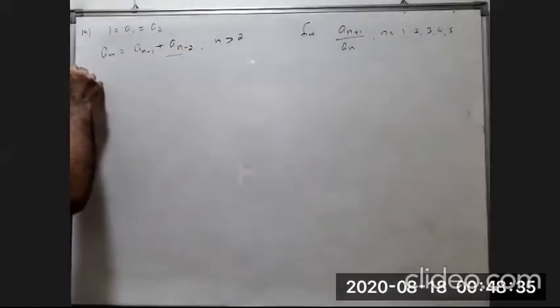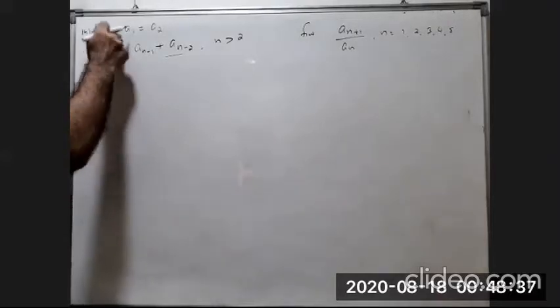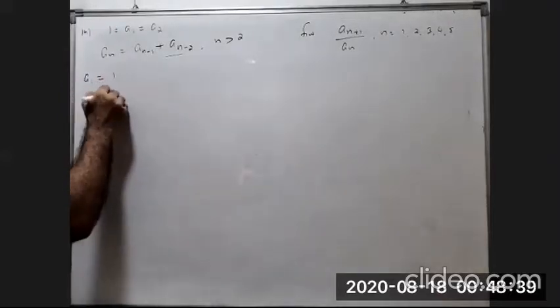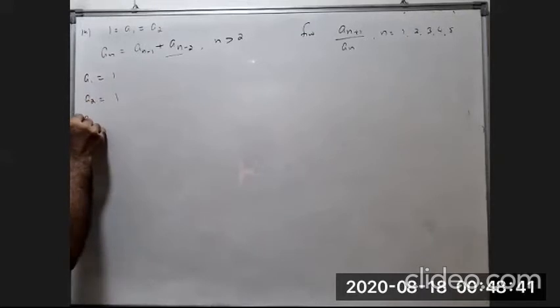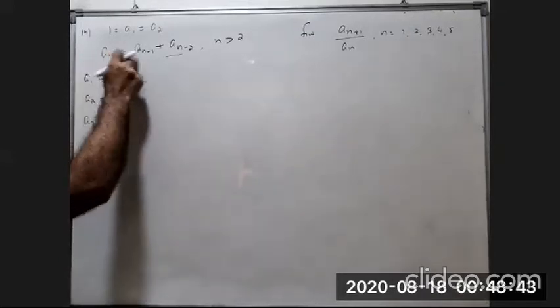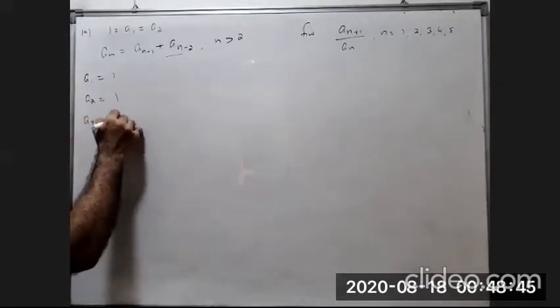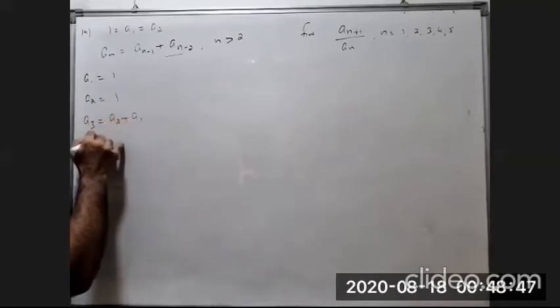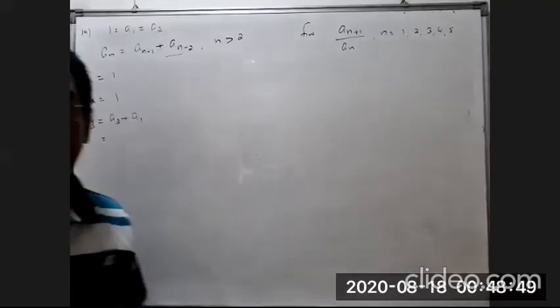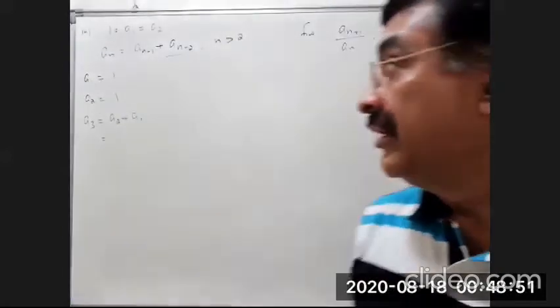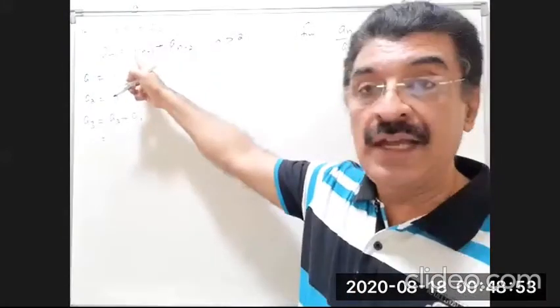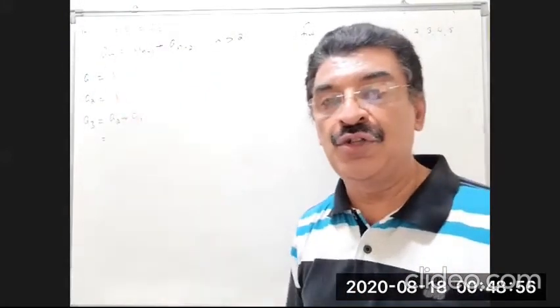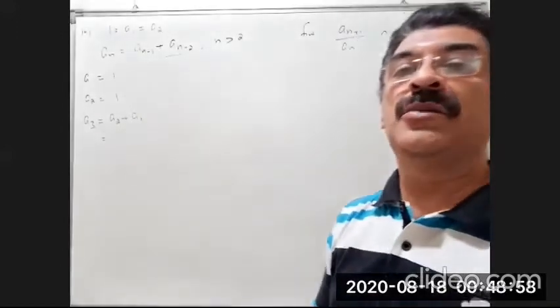So a1 is given as 1. a2 is also given as 1. a3 by definition is a2 plus a1, sum of previous two terms. an is an minus 1 plus an minus 2 means sum of previous two terms.